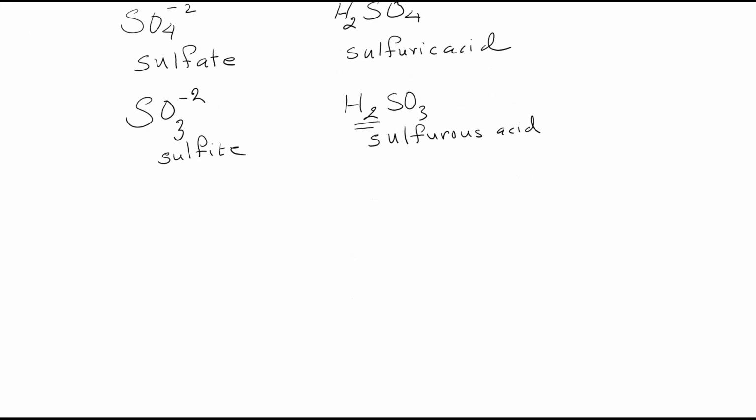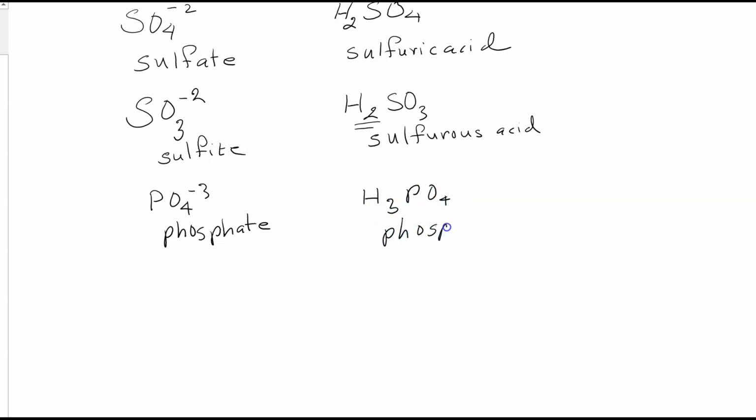Just to continue down the line for these, phosphate, PO4 -3, for example, has as a corresponding acid H3PO4, and this would be phosphoric acid.